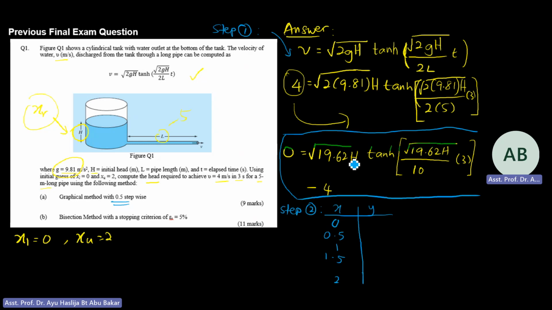X over here is your h, the one that you need to find out. Find out the y value for this range. Later, you will need to plot the graph and find the XR when y equals 0.